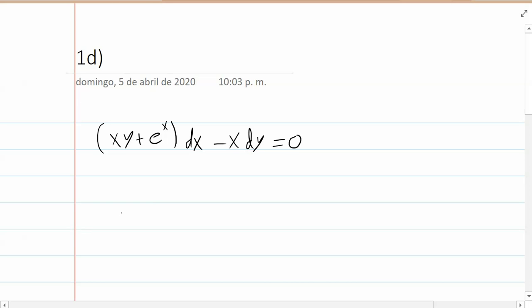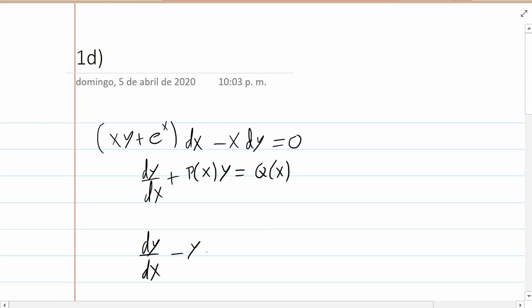The first step is to rearrange the equation so that we have it in the form dy/dx + p(x)y = q(x). Once we do this, the equation becomes dy/dx - y = (1/x)e^x.